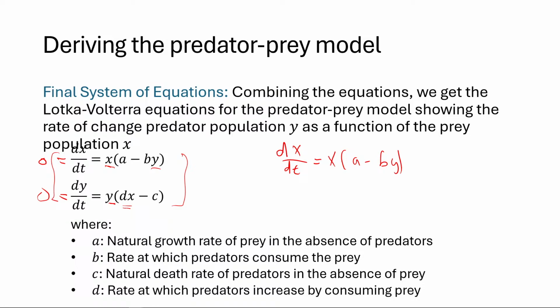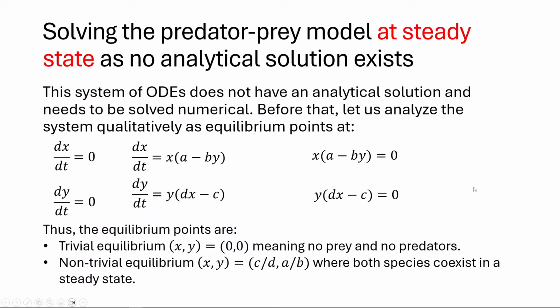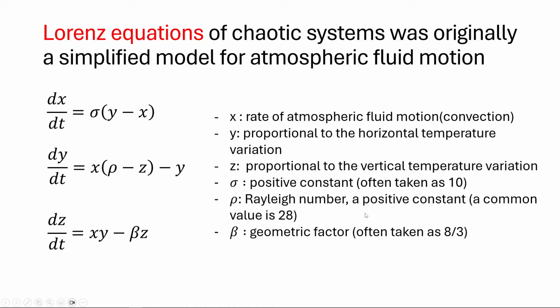And I showed you how, for example, you could do a Google search and find how to use this in your own applications of interest. So we talked about the trivial solution and the non-trivial solution at steady state.